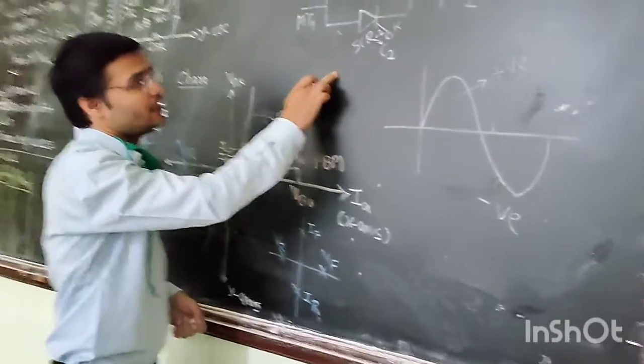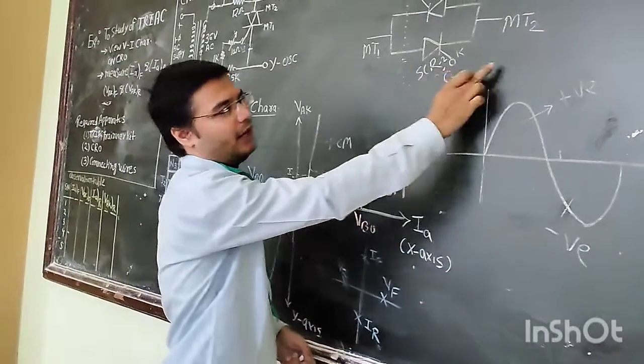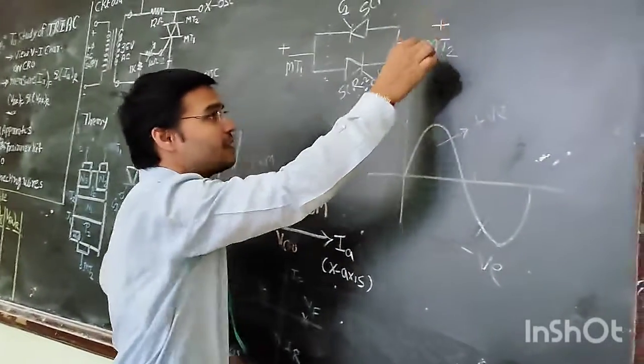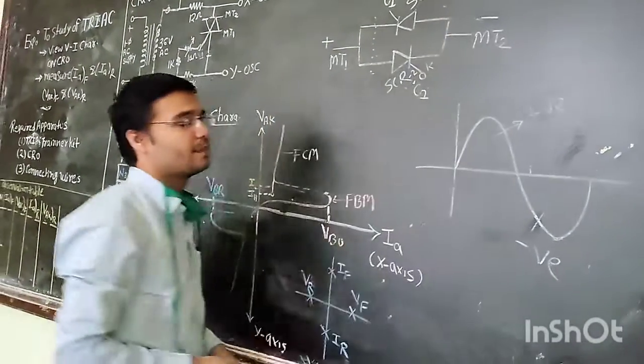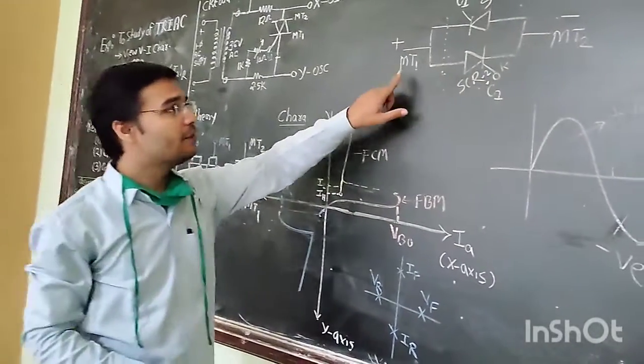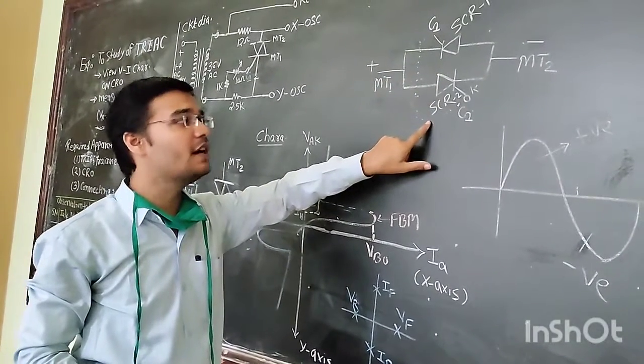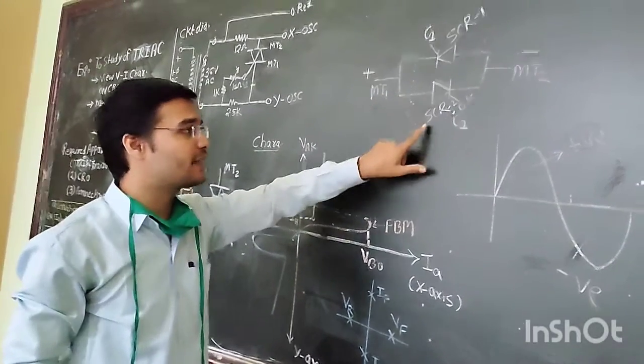Whenever the positive half appears across terminal 1 and terminal 2, terminal 1 becomes positive with respect to terminal 2. Once terminal 1 is positive with respect to terminal 2, what happens? If you observe, this SCR is in reverse bias condition and this one is in forward bias condition.